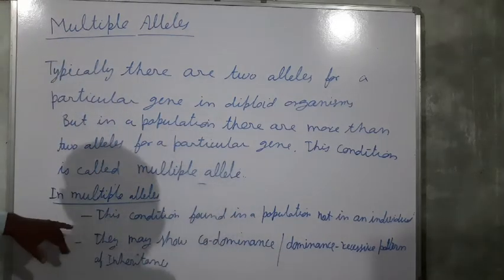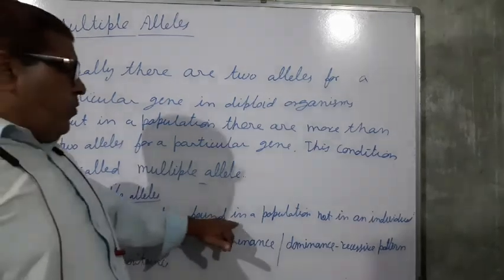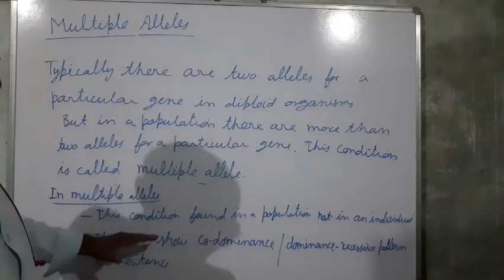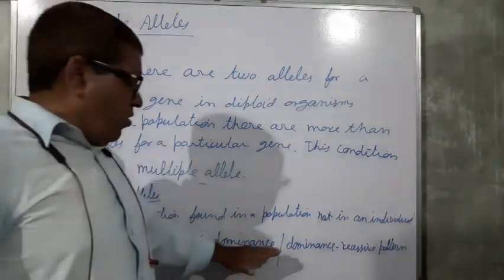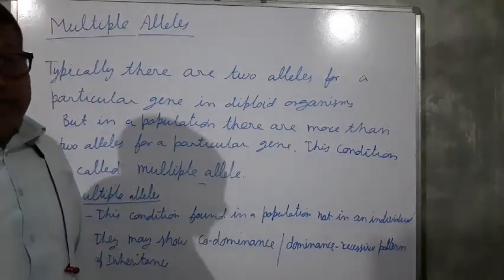So in multiple alleles, this condition is found in a population, not in an individual. And second, they may show codominance or a dominant-recessive pattern of inheritance.